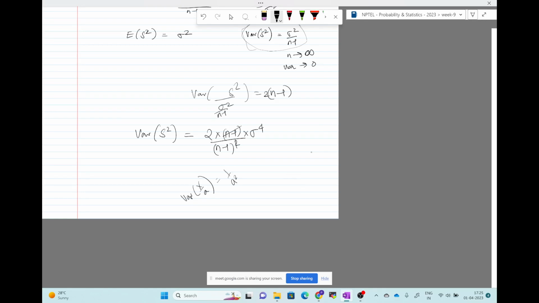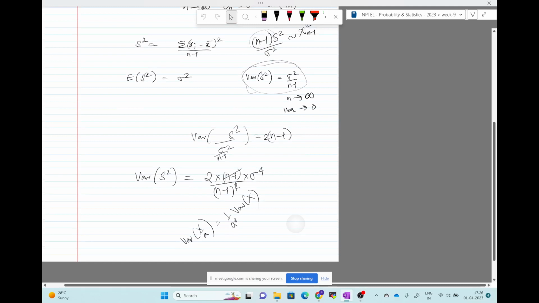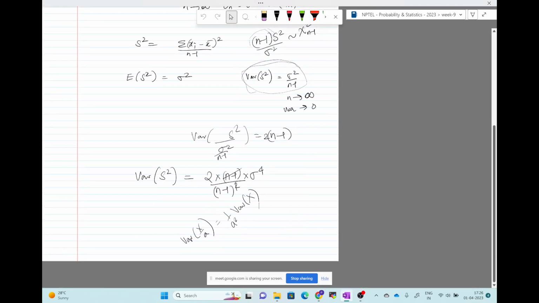Yes. So when we are finding the variance of x by a, it will be 1 by a square into variance of x. The a square term here is sigma square divided by n minus 1. So when you take the square of sigma square by n minus 1, it will be sigma power 4 by n minus 1 whole square. Sigma square is a constant term. Correct. Okay.